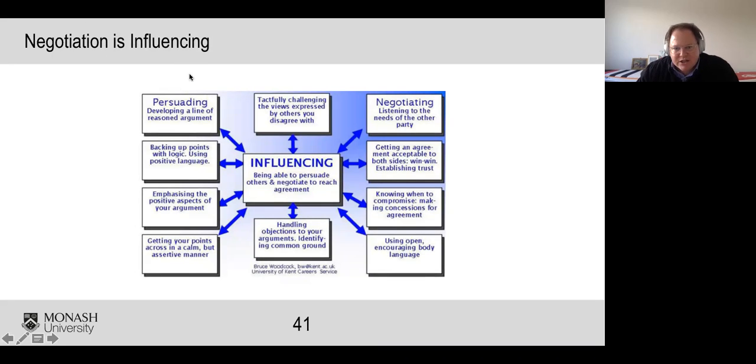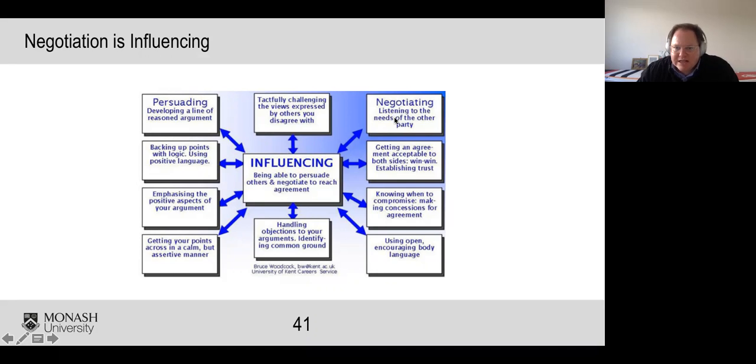I kind of pointed that out. Here is an underlying theorem from Bruce Woodcock. So negotiation is always as well influencing. So being able to persuade others, negotiation to reach agreement. And I guess just to go once through it, so that we can familiarize a little bit.